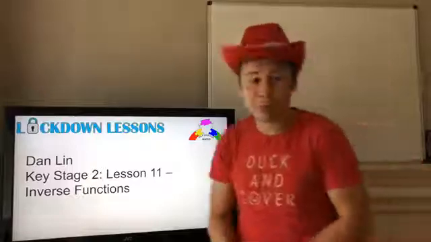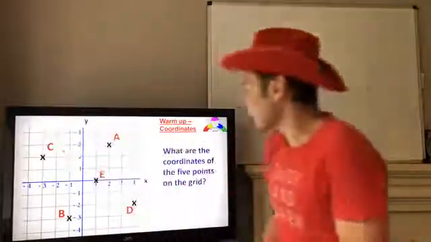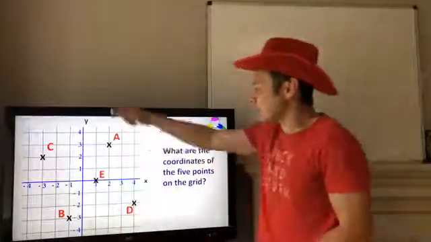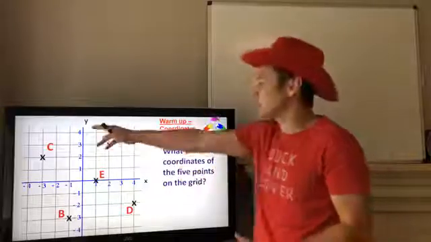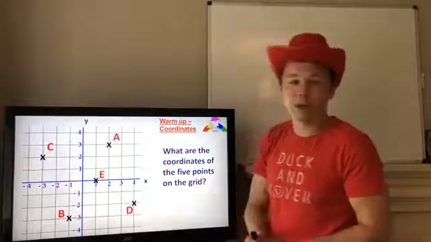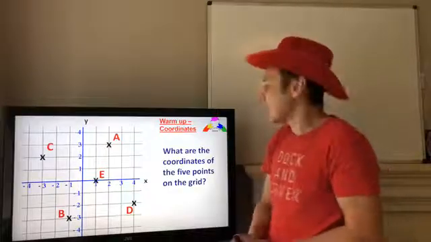We're actually going to start pretty much with a game straight away once I've checked you know your coordinates. So to start with, I've got 8 coordinates on this, what's called a Cartesian grid, because the person that invented coordinates was called René Descartes, who was a French philosopher.